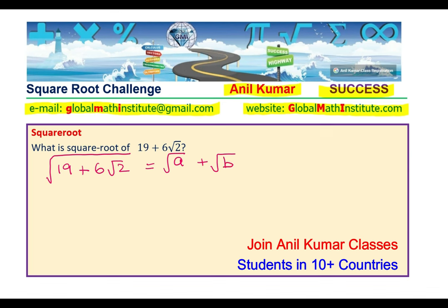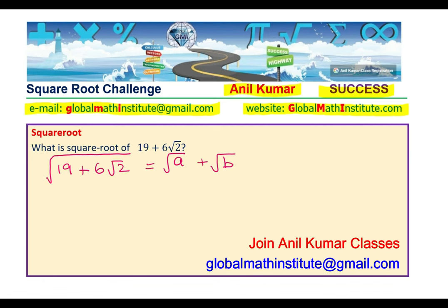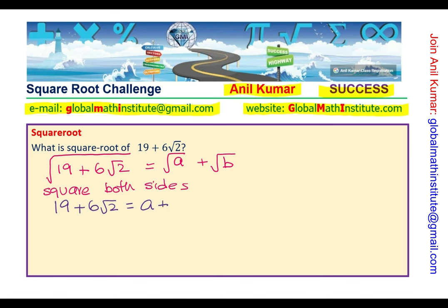Now, once you write that the square root of this is this, well, square both sides, right? So if you square both sides, what do you get? 19 plus 6 square root 2 equals a plus b plus 2 times square root of ab.